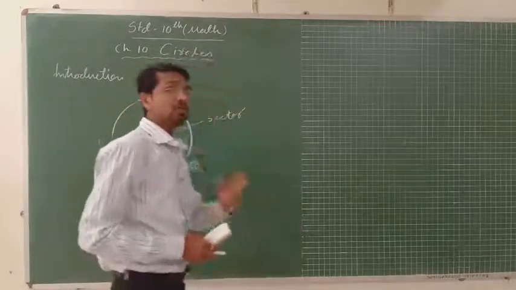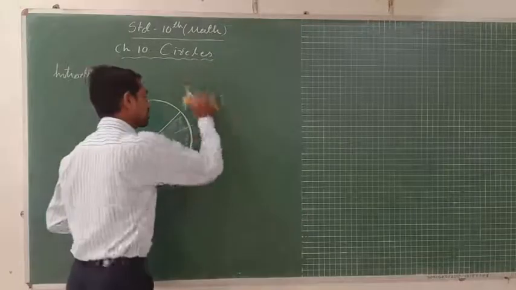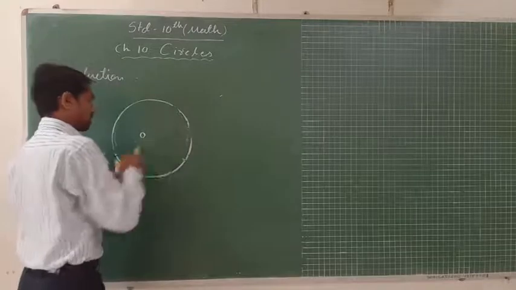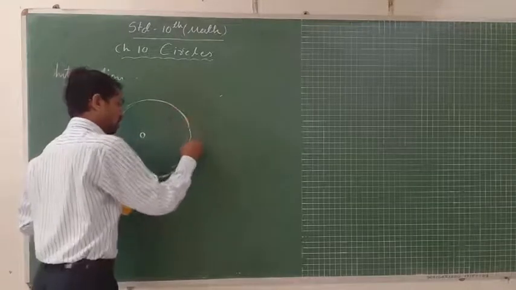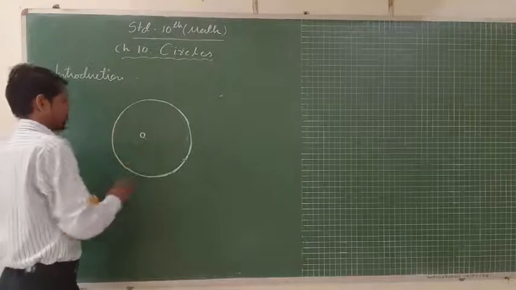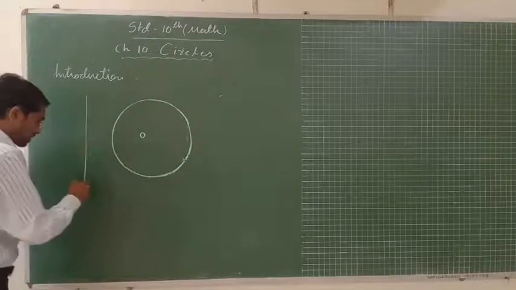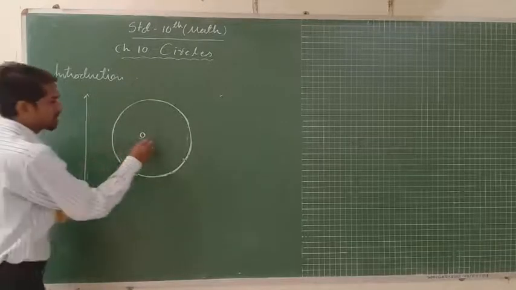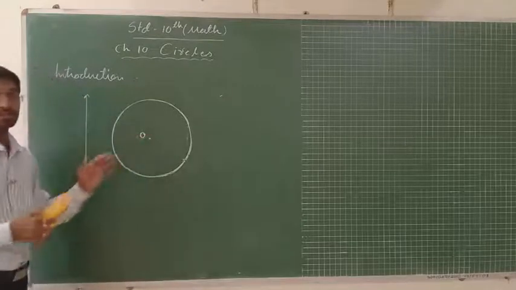What is new here? If I draw a line such that it does not intersect the circle anywhere, there is no common part with the circle.